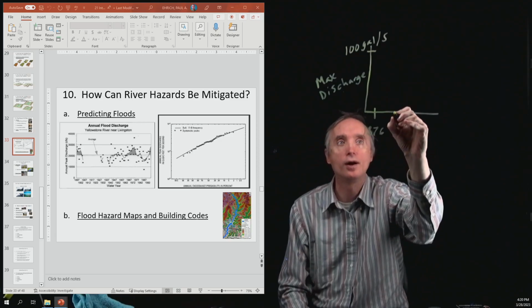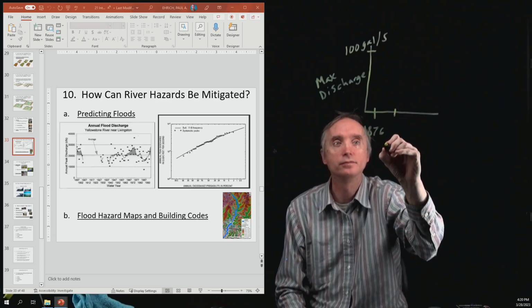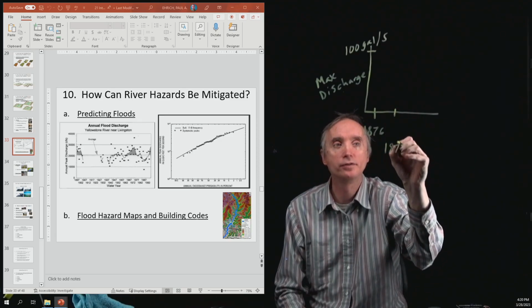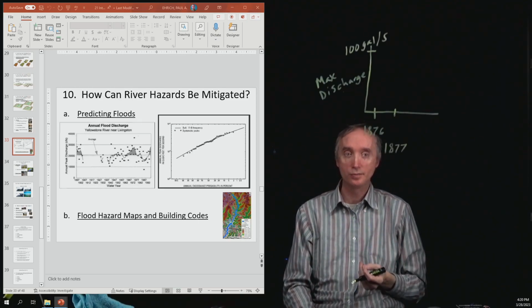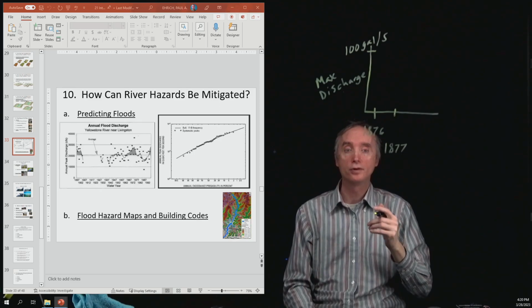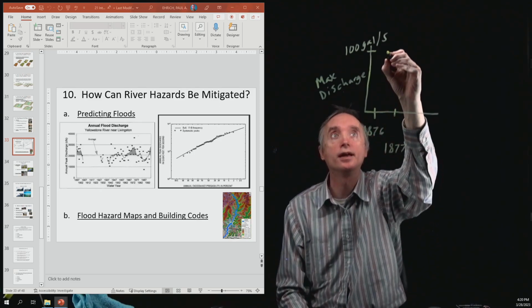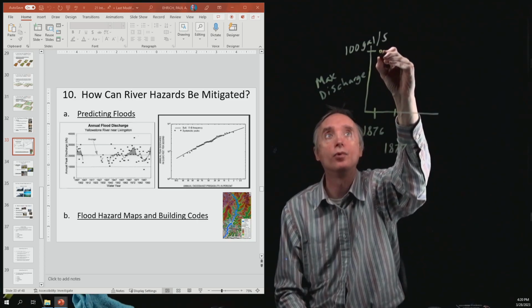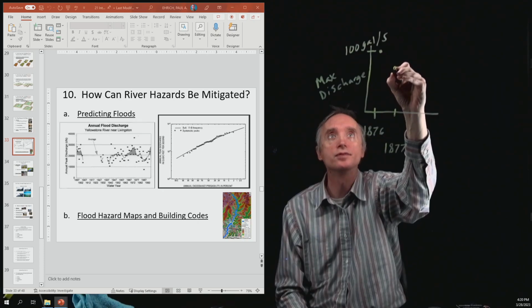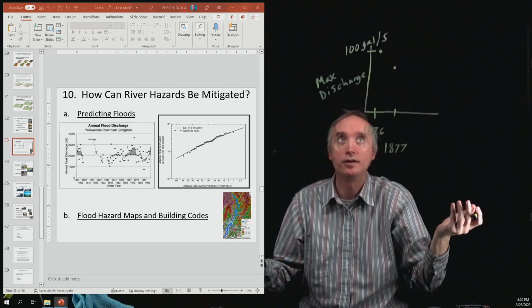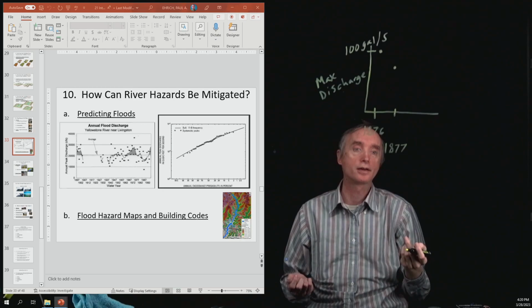Then we go out in 1877 and we again measure the maximum flow rate for that river in 1877, and let's say that it wasn't this high. Maybe it was down here at 75 gallons per second.